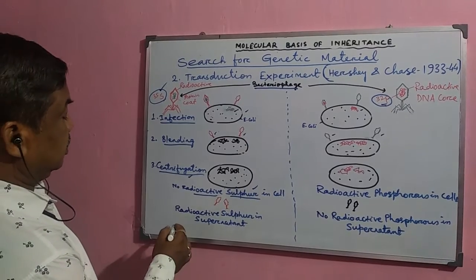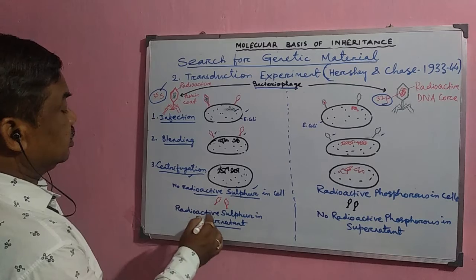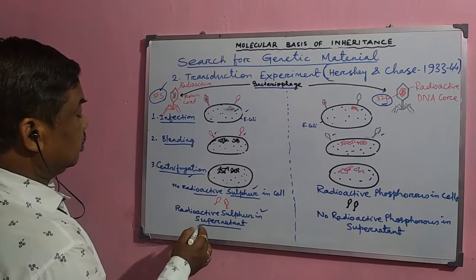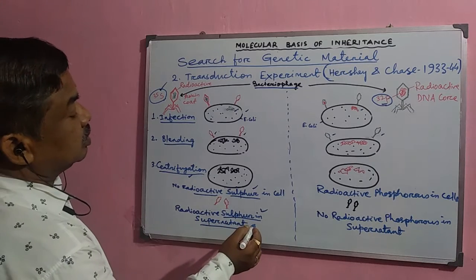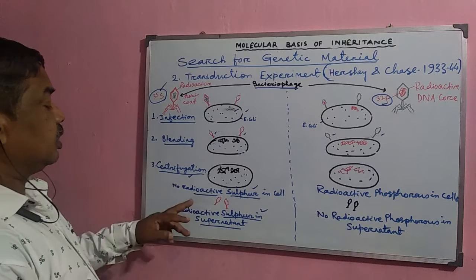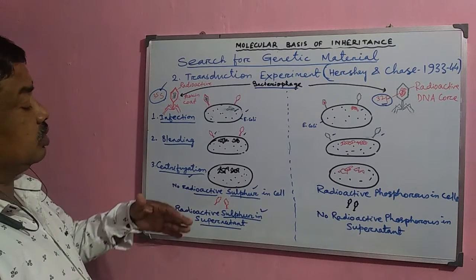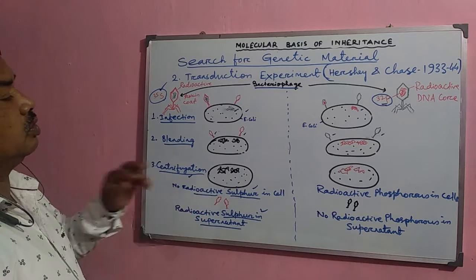Second, in the supernatant, the radioactive sulfur is only present in the supernatant. Supernatant means the fluid which is outside the cell. The sulfur is only found in the supernatant, which means it is in the coat of the bacteriophage.